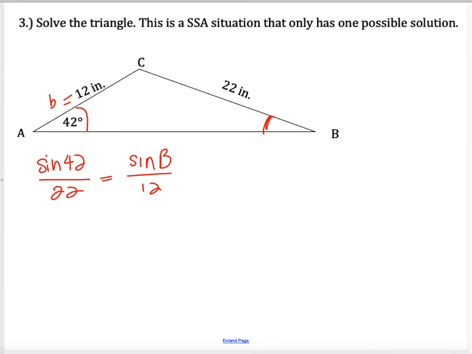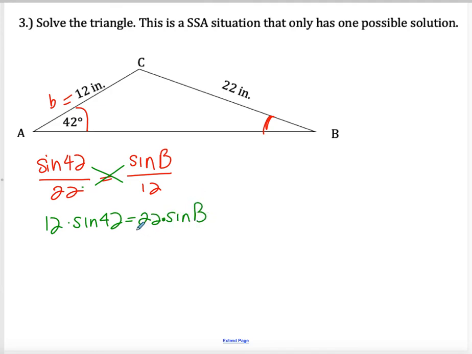The first step of cross products is going to be the same. We're trying to get B. We want the answer for B. So we're still going to write cross products. We're going to say 12 times the sine of 42 equals 22 times the sine of B. Before I can get B by itself, I have to get rid of the 22.